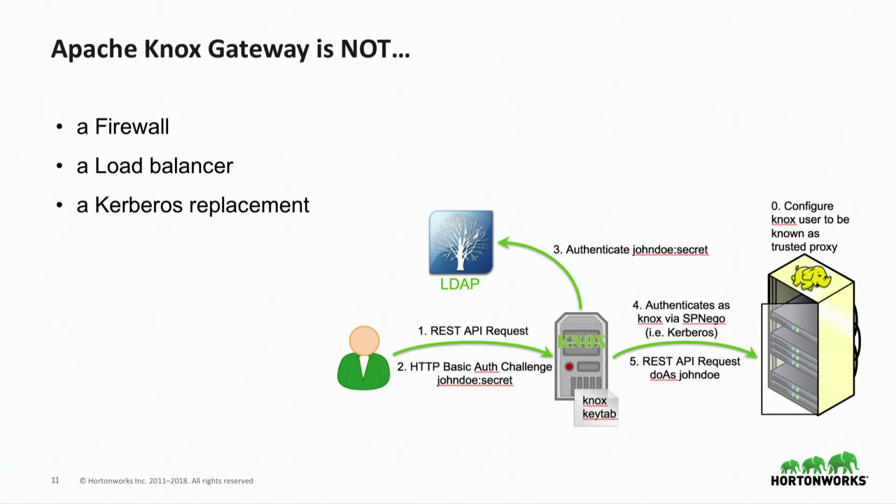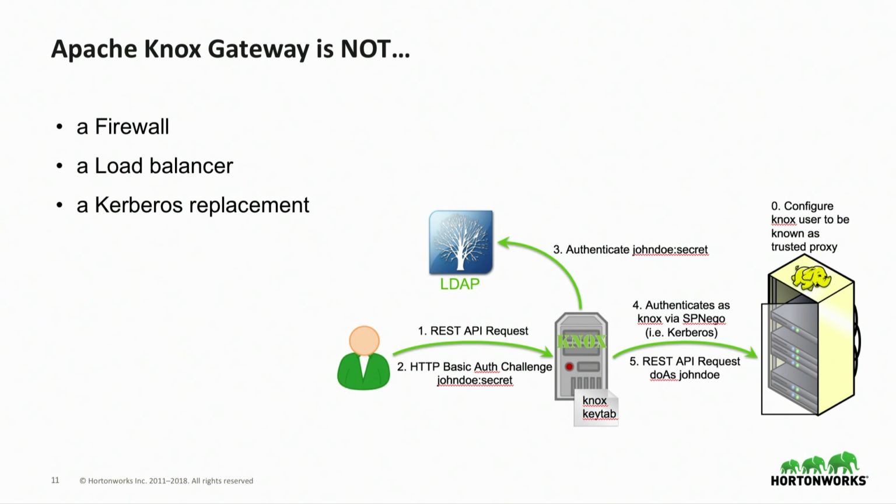It is not a replacement for Kerberos. I know you guys hate setting up Kerberos. You guys are smiling, so I take that as a yes. So what Knox does is you can set it up to abstract Kerberos from the web UIs. So you can see the configuration there.